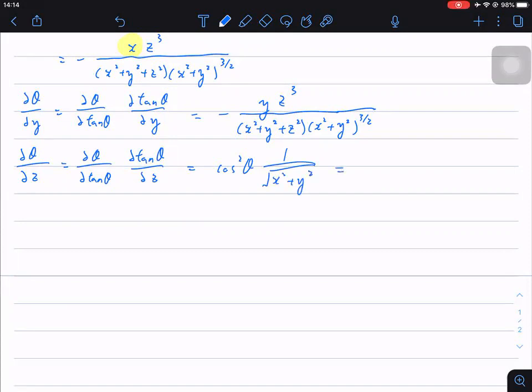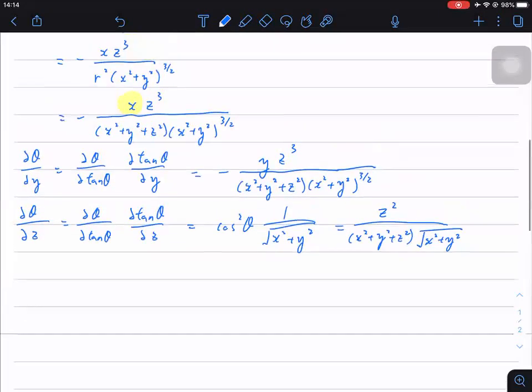So eventually we have z squared over r squared times the square root of x squared plus y squared. So far so good? Okay, good. So it's just some messy mathematics.